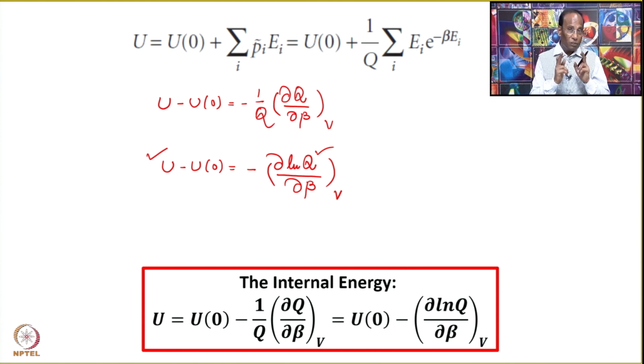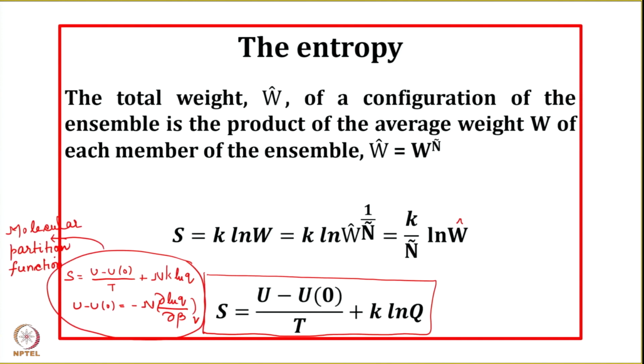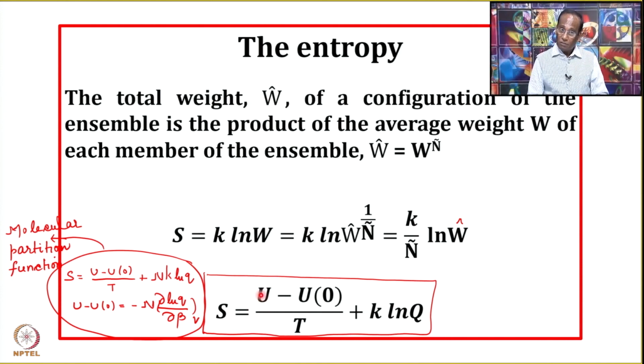Therefore, this equation becomes very important when you apply it to condensed phases, real systems or non-ideal systems. Since this equation is carried over to the connection of entropy with canonical partition function via (U minus U0) by T, which is also connected to canonical partition function, the interaction energy is now captured in this term, and that is going to make a difference.